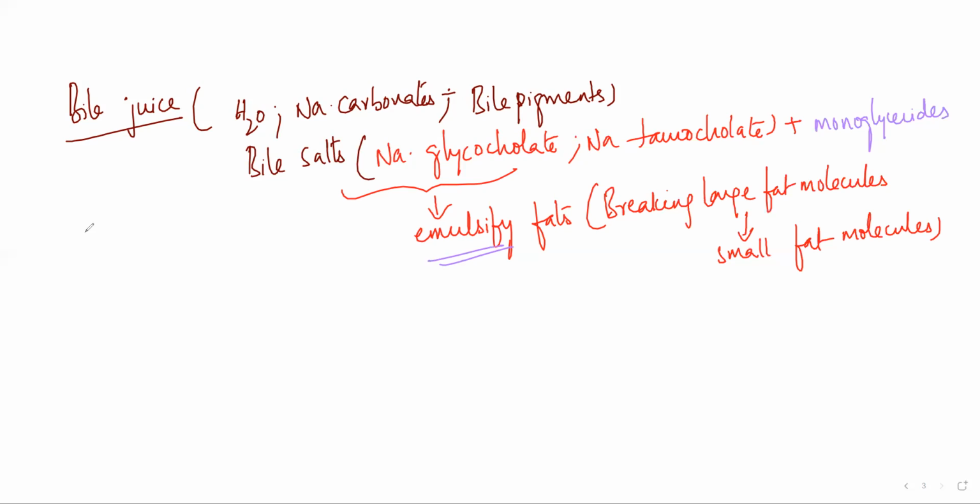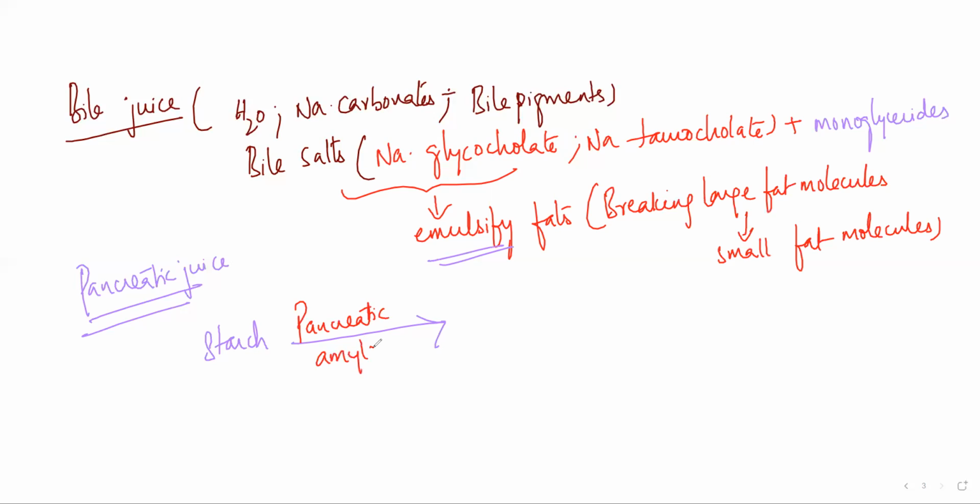And next, coming on to the pancreatic juice now. What is that doing here? What are the enzymes present here? In the pancreatic juice, you can see the presence of pancreatic amylase. Let me first write down the ones here. It is going to act on starch. The substrate is starch, and the enzyme is pancreatic amylase.